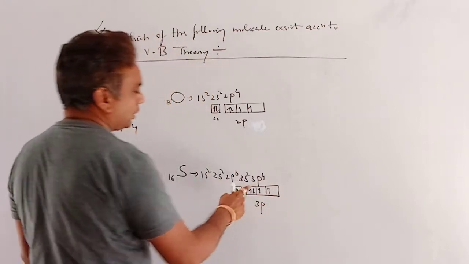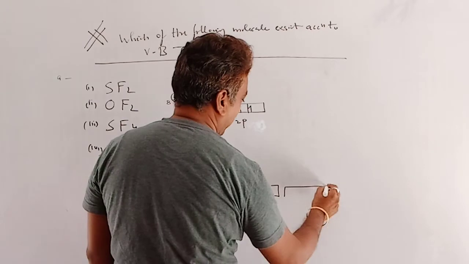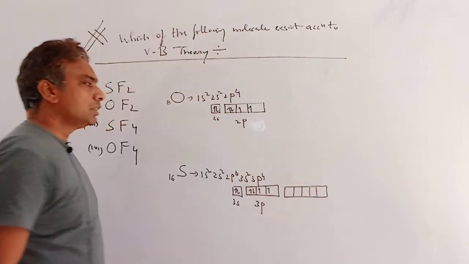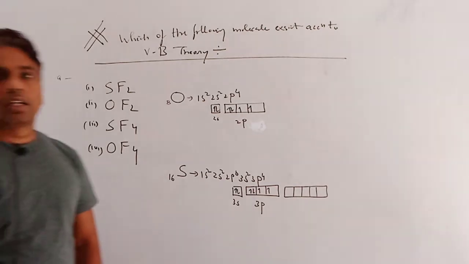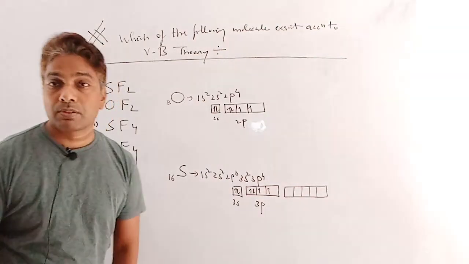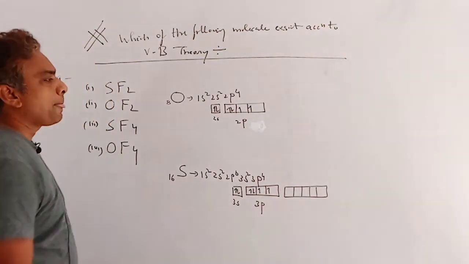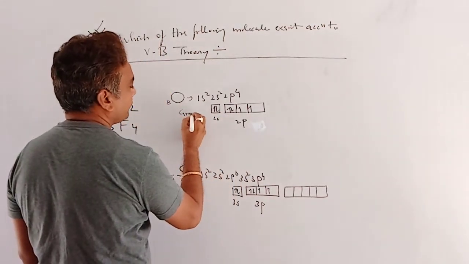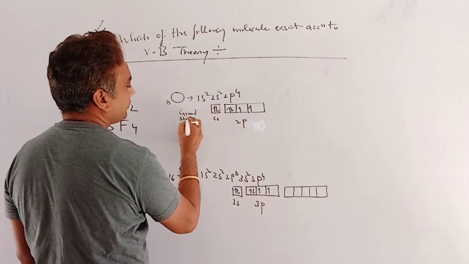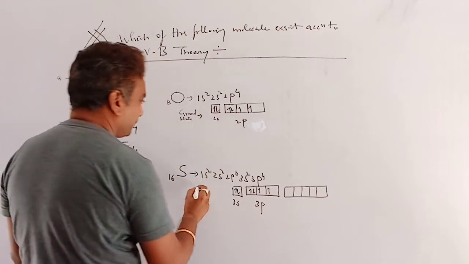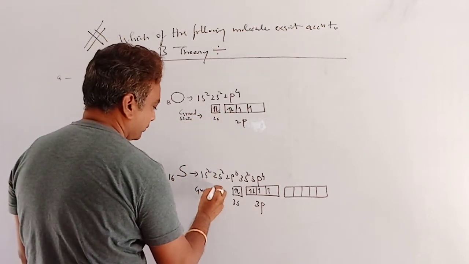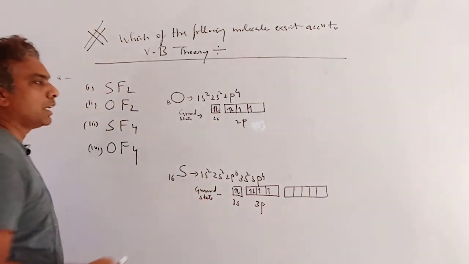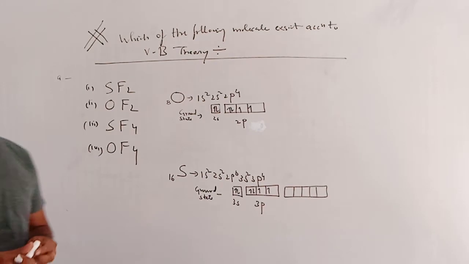Simply due to the third shell, the d orbital is vacant in the case of sulfur, but it is absent in oxygen due to the second shell. The second shell contains only 2 subshells, s as well as p. Clear? So in the ground state, both oxygen as well as sulfur contain 2 unpaired electrons.